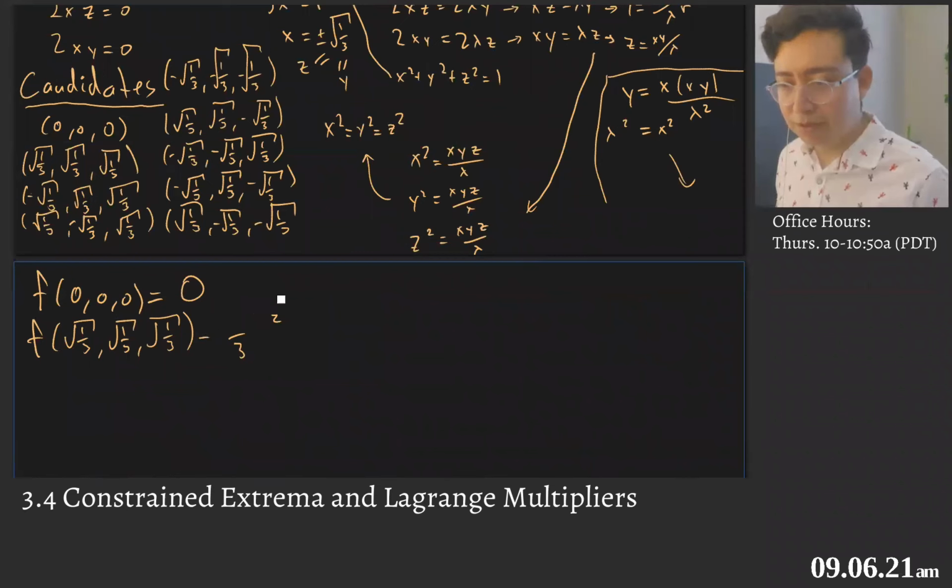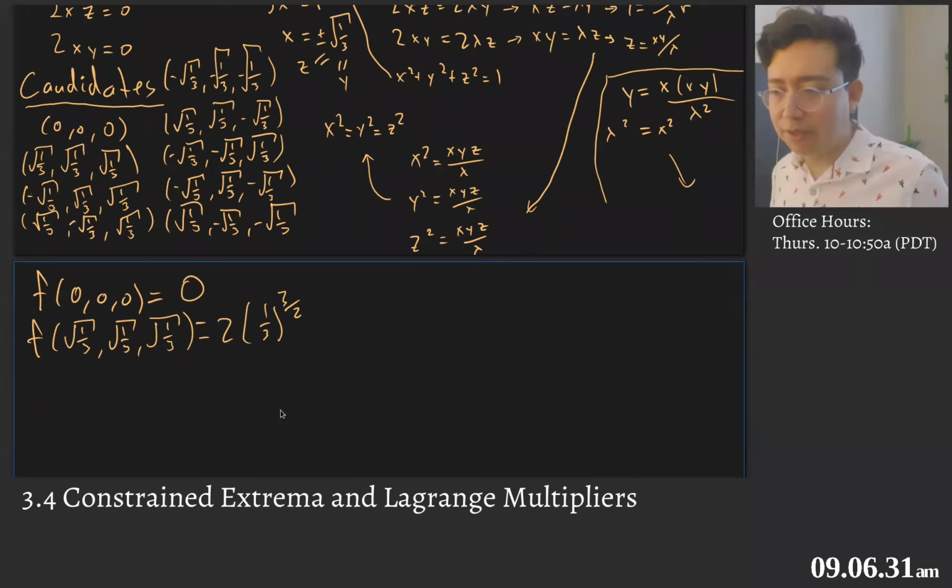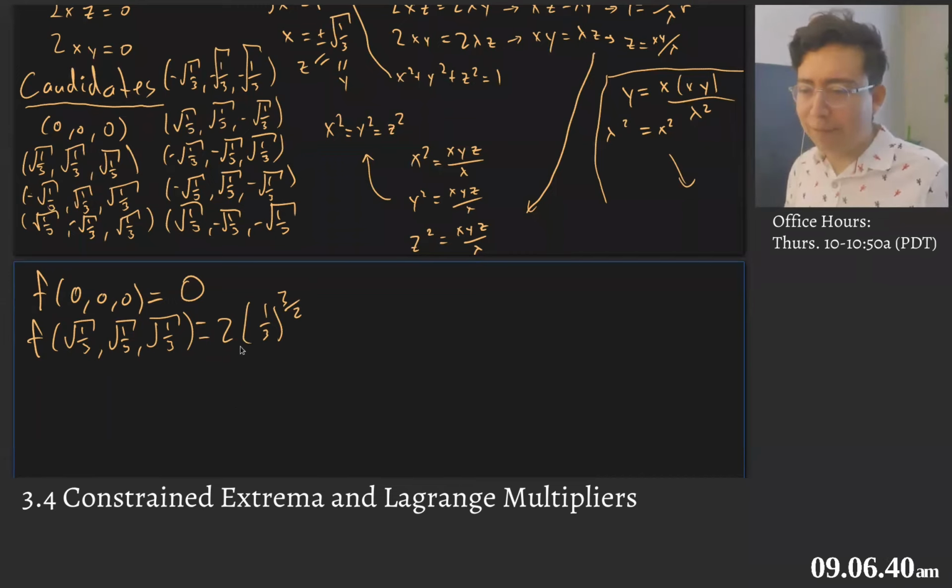So 2 times 1/3 to the 3/2. I just cube 1/3 to the 1/2, and it gives me 1/3 to the 3/2. You can also say the square root of 1/27. There's a lot of ways to simplify this arithmetic. But basically, you get some positive number, so we definitely got something bigger than 0, right?